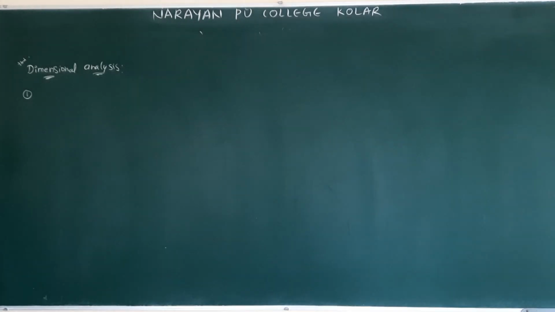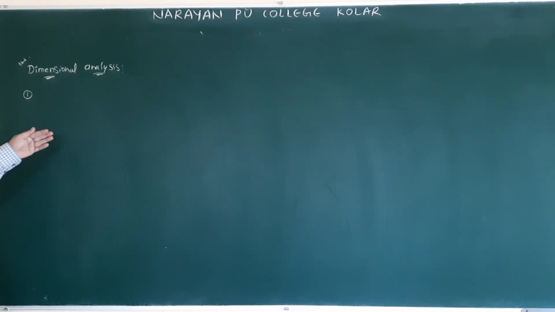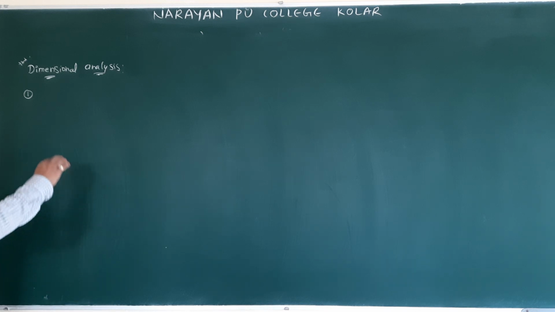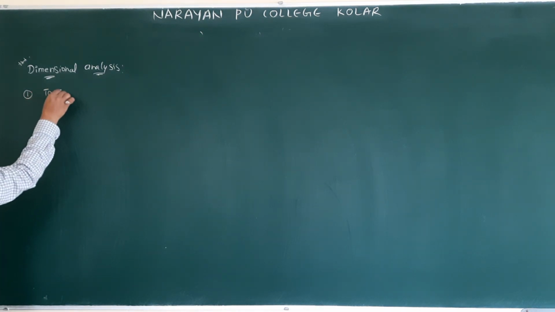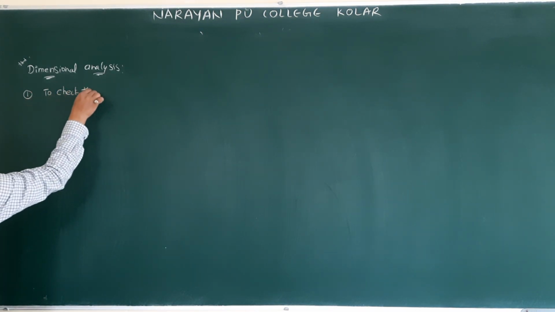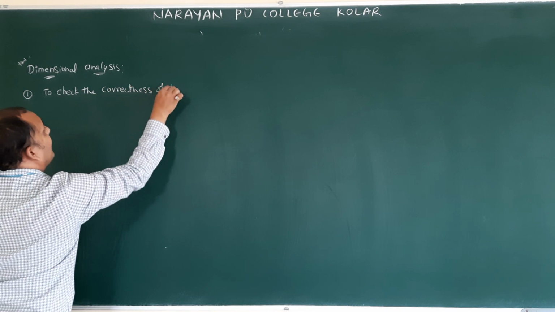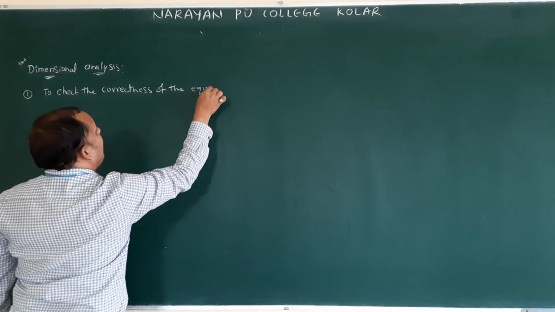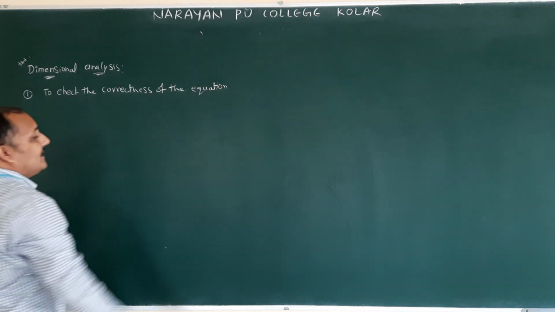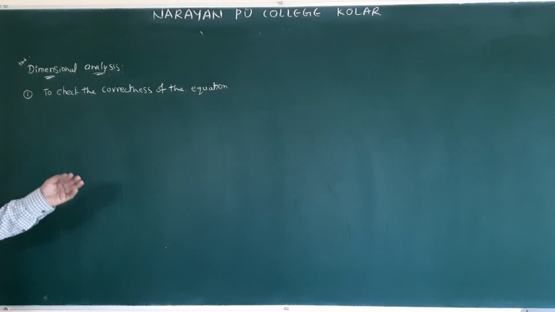So there are 3 applications. They gave only 2 in our textbook, therefore they will always ask to write any 2 applications. Out of these 3, the first one is to check the correctness of the given equation. They will give one equation, and whether it is correct or wrong, they will ask.